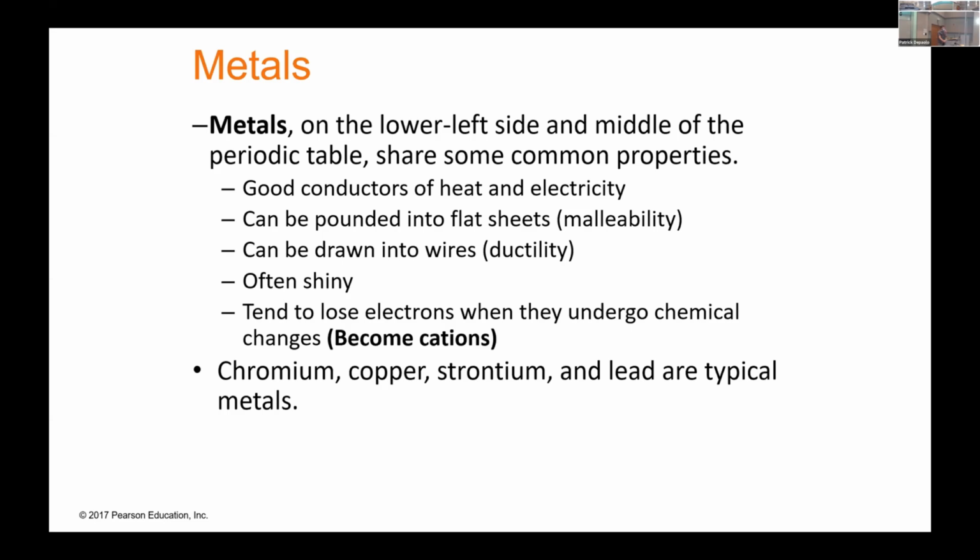If you're losing electrons, you're losing negatives, so you're gaining positive charge. That's what metals do. So metals become positively charged cations when they become charged. Out of this slide, that's the most important thing, because we're going to be using that to determine all their charges. And there are some examples: chromium, copper, strontium, whatever.